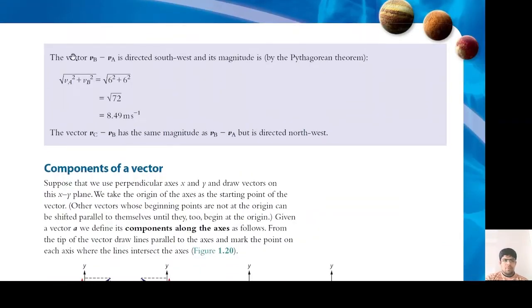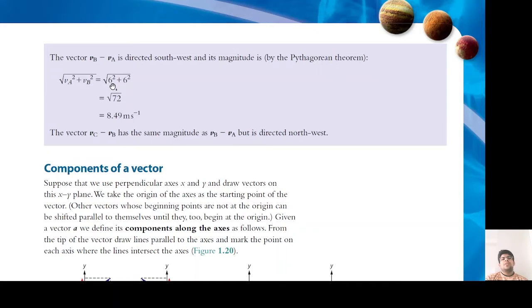So now the vector VB minus VA is directed southwest, and its magnitude is given by the Pythagoras theorem, like hypotenuse, perpendicular and base: VA square plus VB square equals 6 raised to power 2 plus 6 raised to power 2, which is 72.